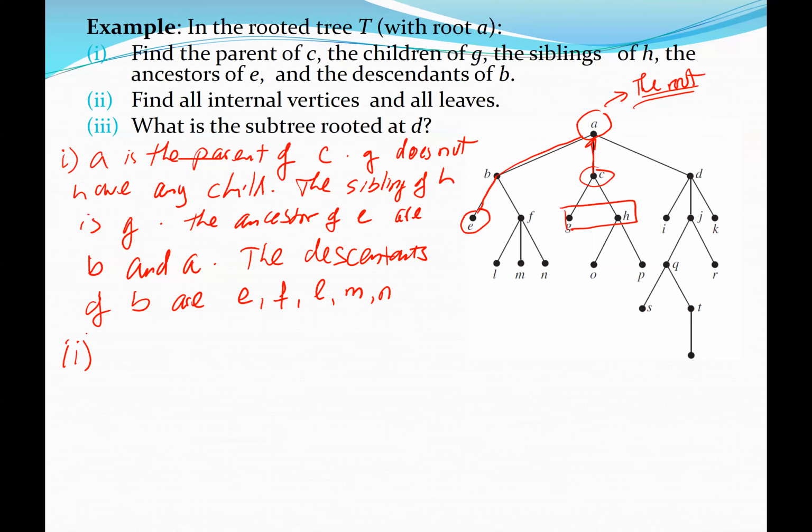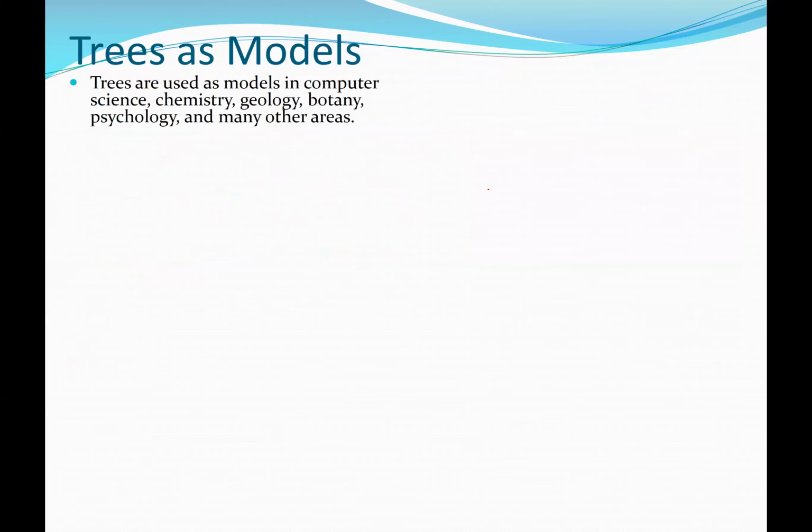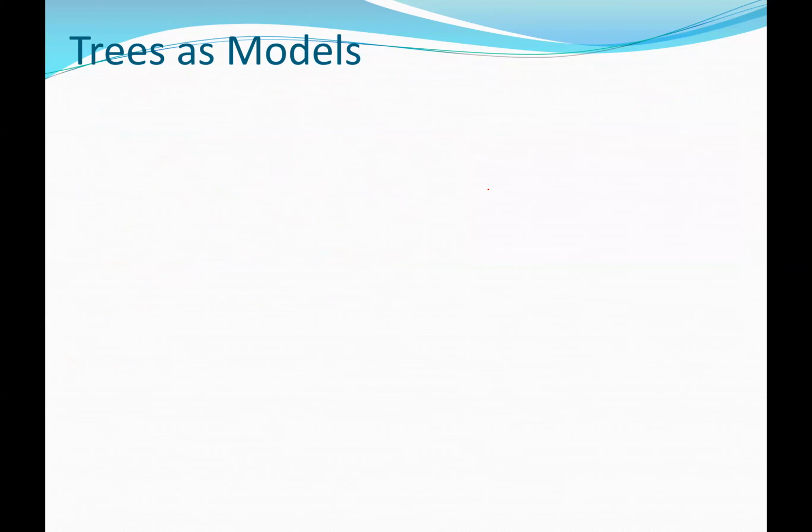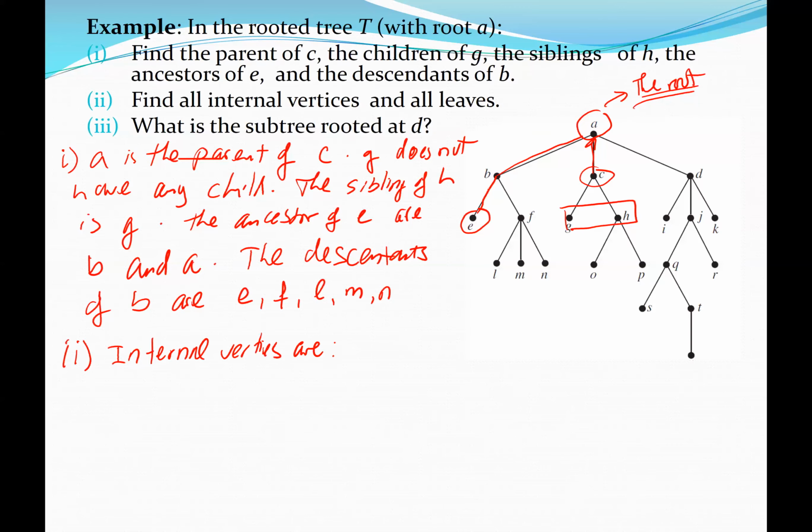So number 2. Find all internal vertices and leaves. Again, the root does not count as an internal vertex. So as long as it has children, it's considered an internal vertex.